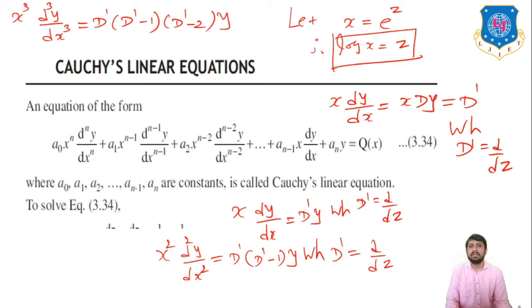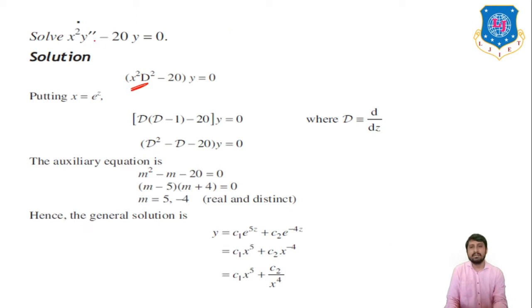So x dy by dx is D dash y, x square d square y by dx square is D dash into D dash minus 1 into y, and x cube d cube y by dx cube is D dash, D dash minus 1, D dash minus 2 into y.